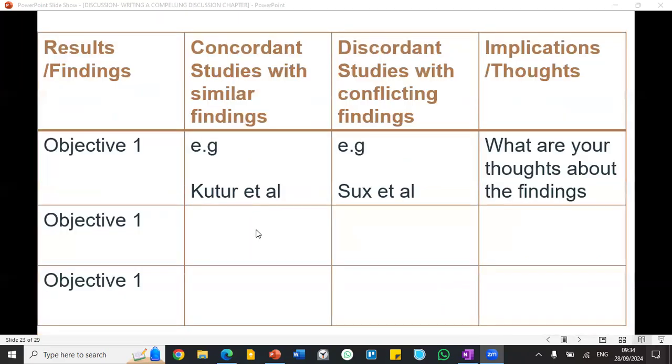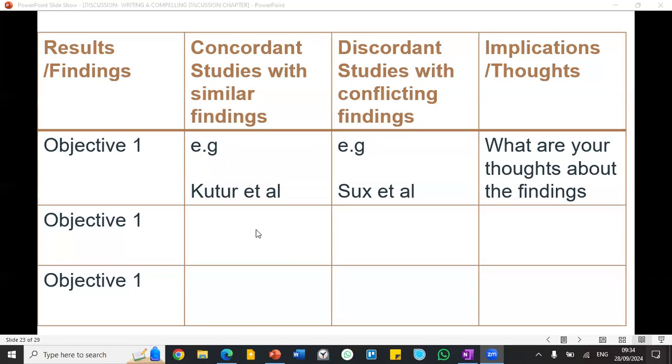You have to have a table like this. In column 1, you write the objectives and the findings. Objective 1 and its finding, objective 2 and its finding, objective 3 and its finding. Or in case objective 1 has several findings, you just put them down in that column.